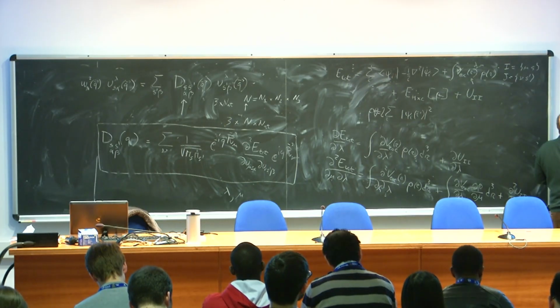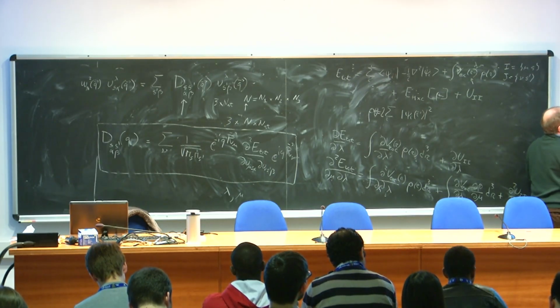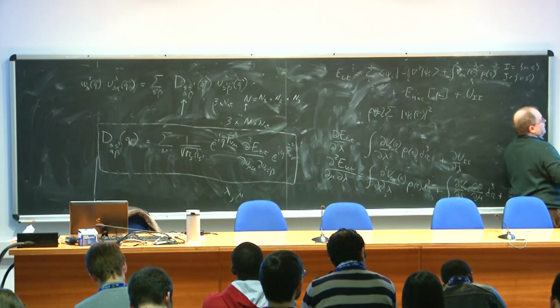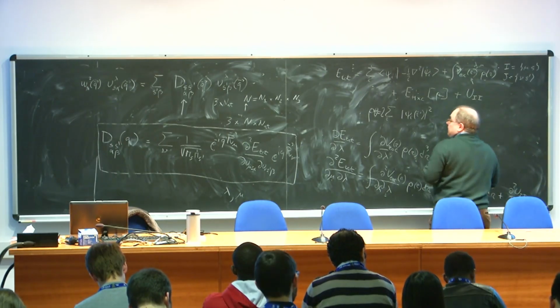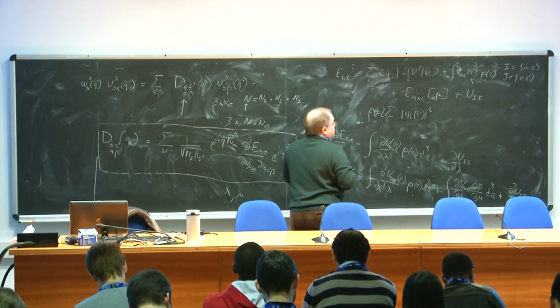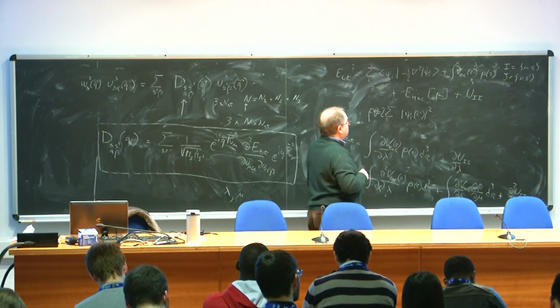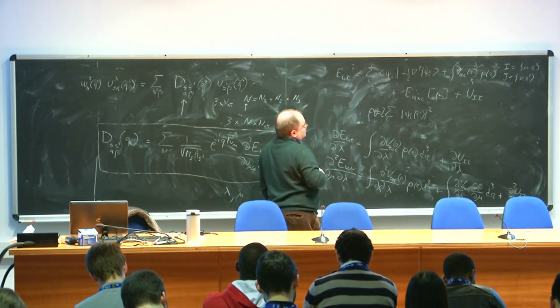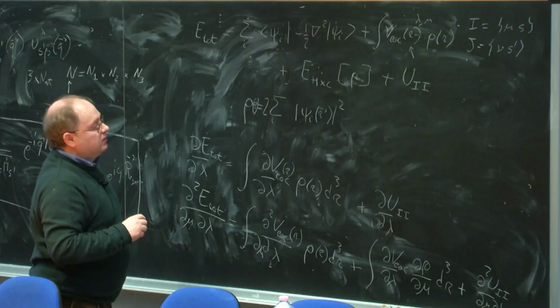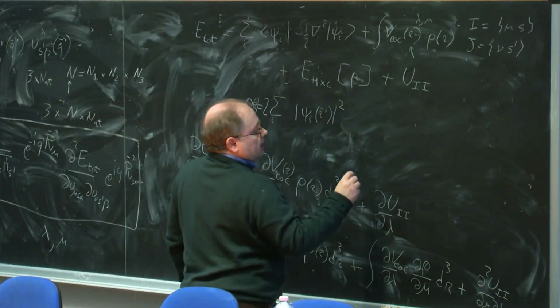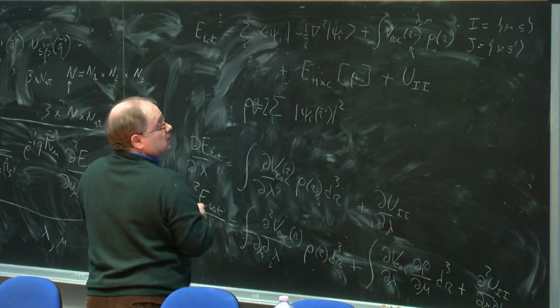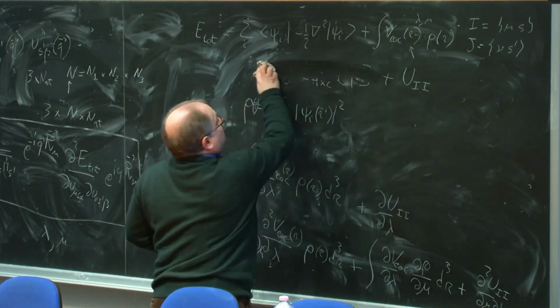How can we calculate the change of the charge density induced by an atomic perturbation? Well, to write the expression is not difficult. We take this definition of the charge density and we make a derivative with respect to mu.